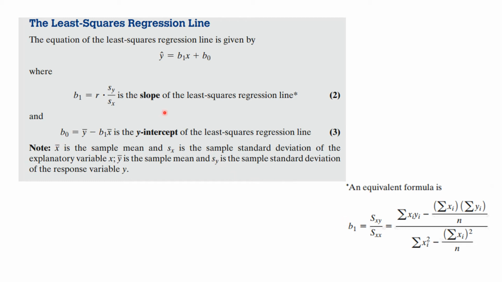And you can solve this equation for b0, and you get that it is y bar minus b1 x bar. And so this ends up giving you the y-intercept of the least squares regression line. And x bar is the sample mean, and so on and so forth. This defines what all of these expressions are.